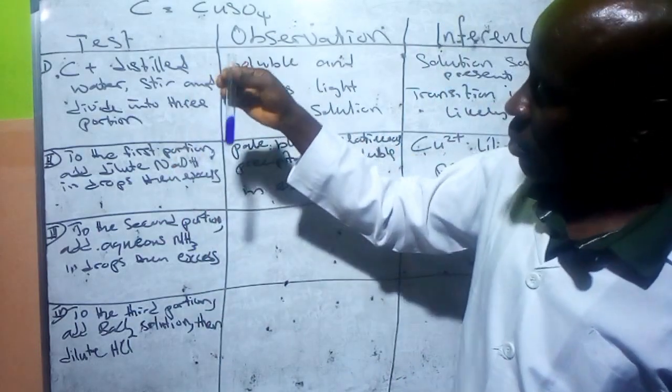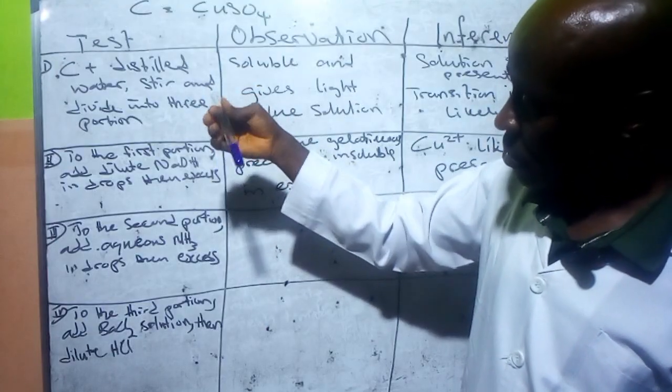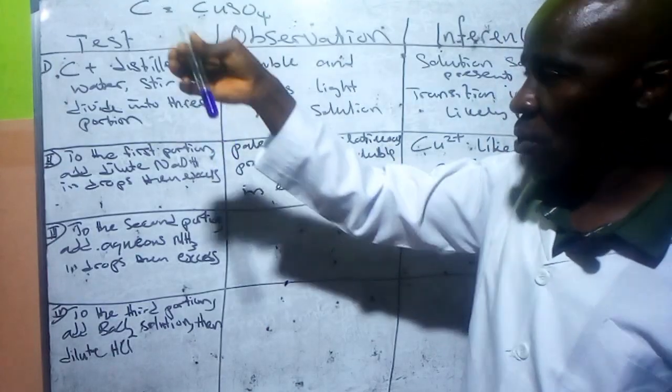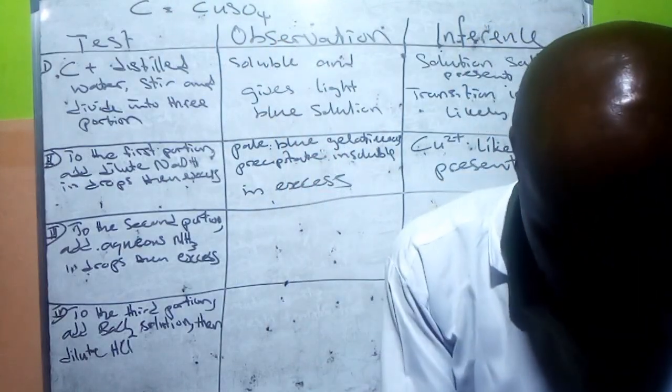Okay, you see what we have now is a deep blue solution. This deep blue solution is what we have. There's no precipitate anymore. So what do we have now? What are we going to say?